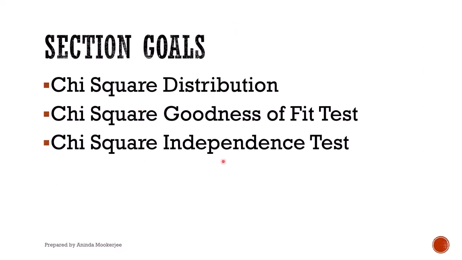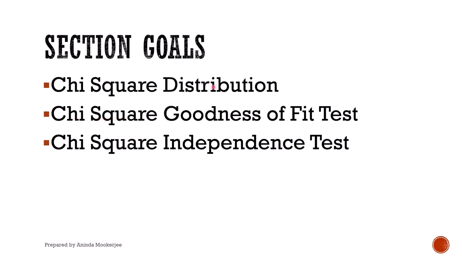So these are mainly the three topics we will cover in three sections. One is the chi-squared distribution. That's the first section of this chapter, where we'll first discuss the distribution, and it's pretty different from the z and the t distribution that we learned before. There are some parts that are similar, but the nature of the distribution is somewhat different.